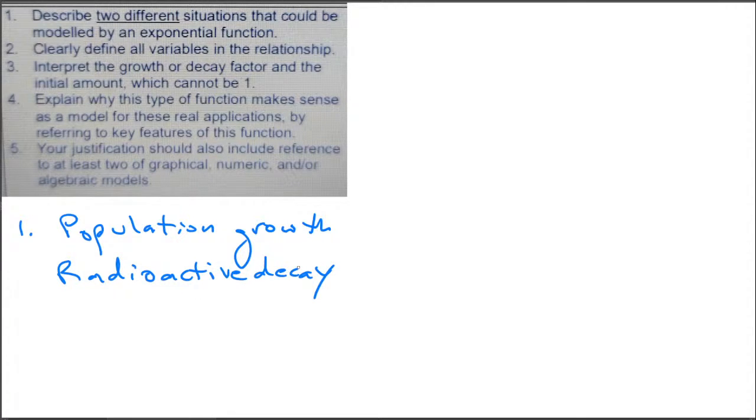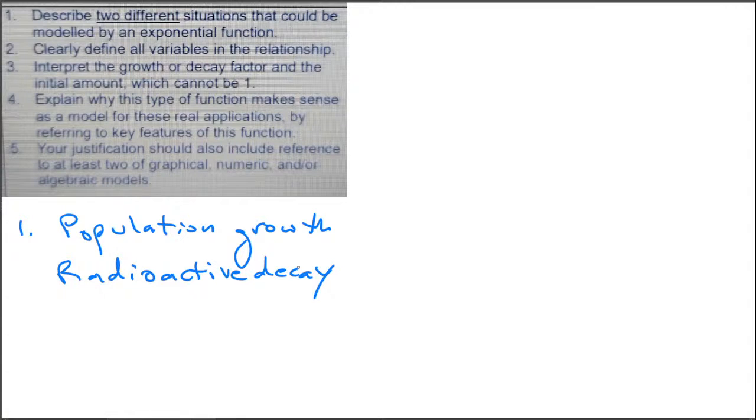If you have some radioactive substance and you put a bunch of it in the environment, it will decay. I'm not a physicist, but anyway, the amount of the substance will decrease according to an exponential function.